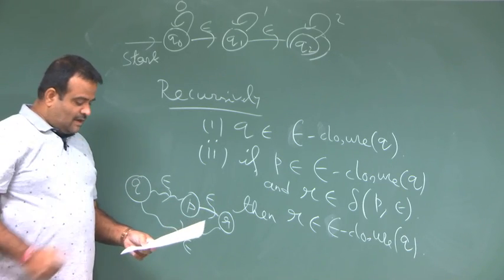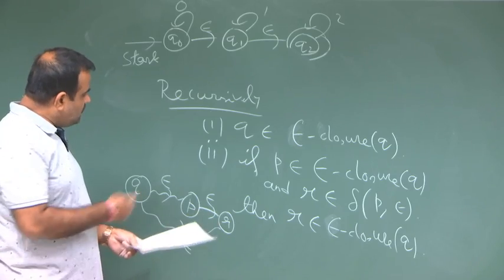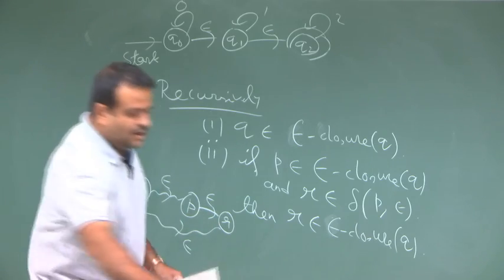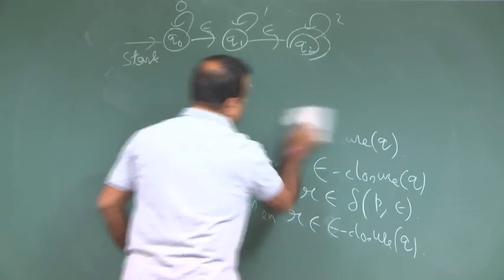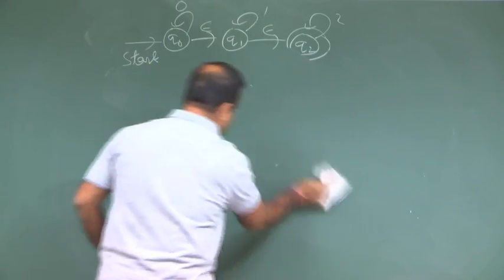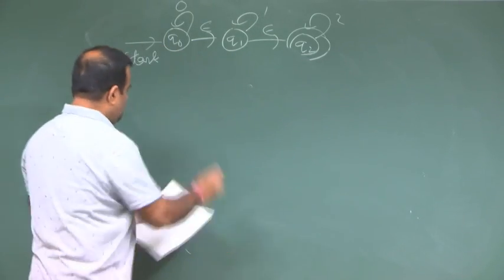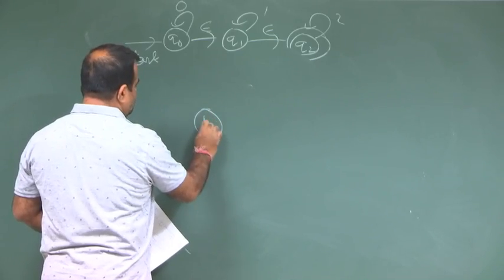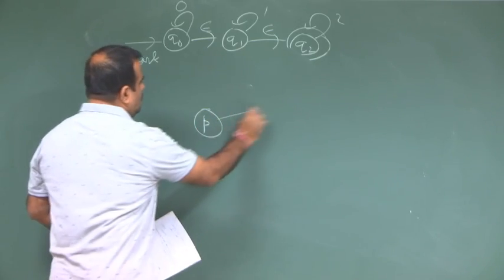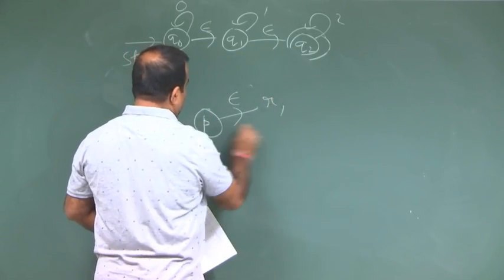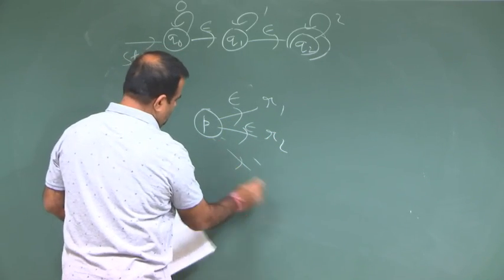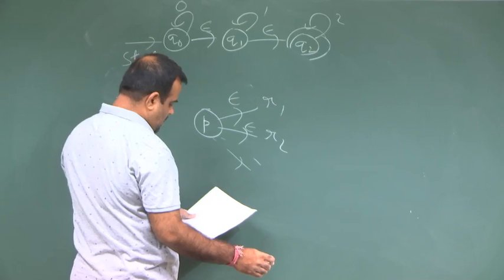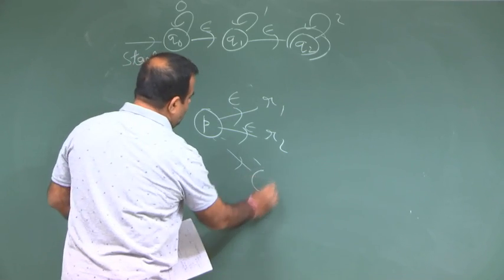Okay. So even we can have, if from q, say p is going to r1, r2, all the states, rk.